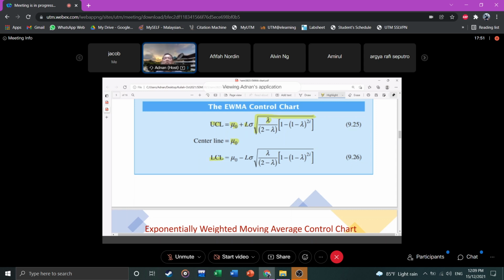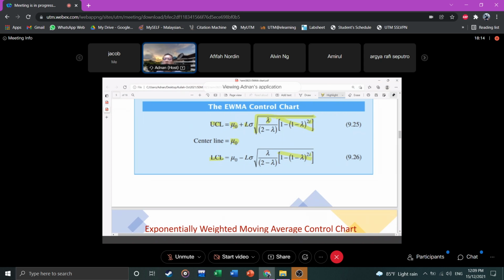When the number of samples, or rather subgroups, is increasing, this i becomes big, and then this term is not significant anymore, because 1 minus this becomes 0.